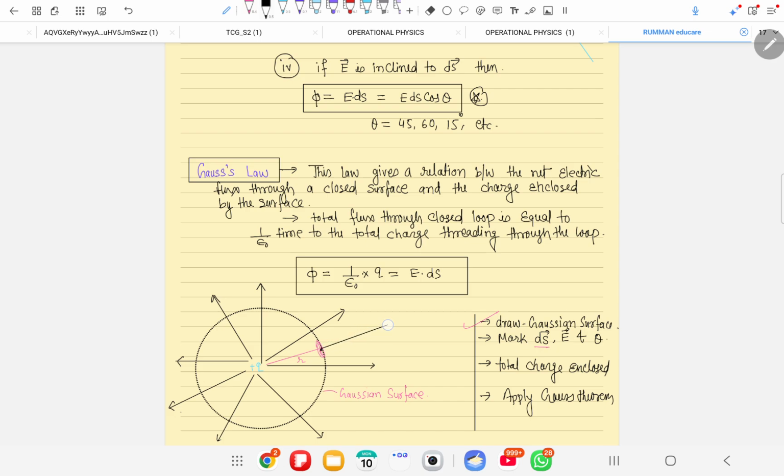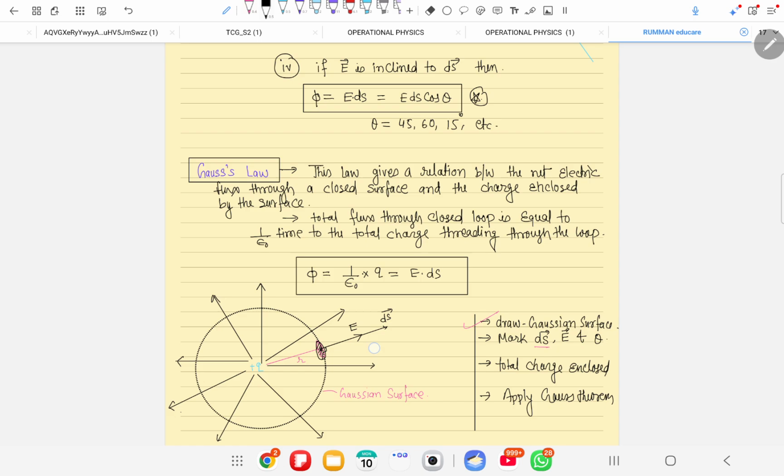So the ds vector is normally outward, and the electric field line at this point is also outward.